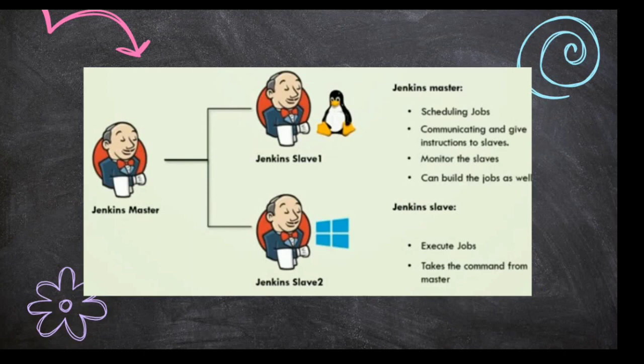So what we do is use a slave machine, which will reduce the burden on the master. The slave can also be configured to run dedicatedly for a particular job, which means I have certain code which has to execute on the OS machine, and that code would end in 30 to 40 minutes.